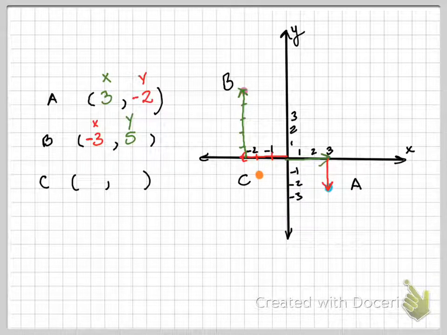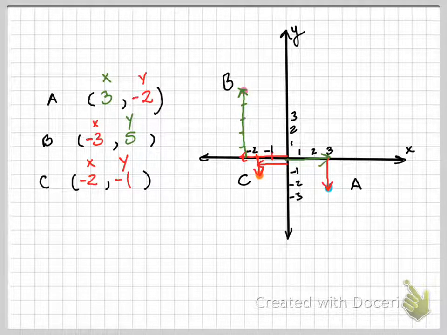So our y value should be 5. If you got -3, 5, then you were correct. So give yourself a pat on the back. All right, for C, we had to go over on the x-axis 2 units to the left. Okay, and then we had to go 1 unit down. So that means that we have the ordered pair -2, -1.